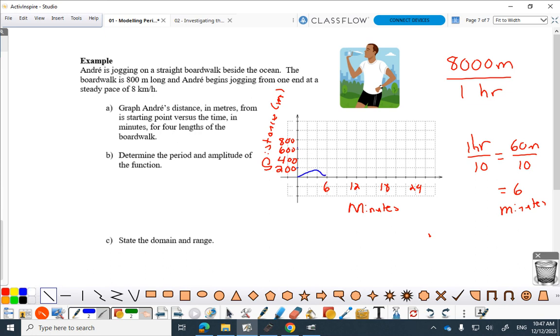No. Sorry for the delay, but I've got to challenge myself here. 8 kilometers is 8,000 meters. 8 kilometers is 8,000 meters, yes. Totally cheating here and doing what I said I wouldn't do.